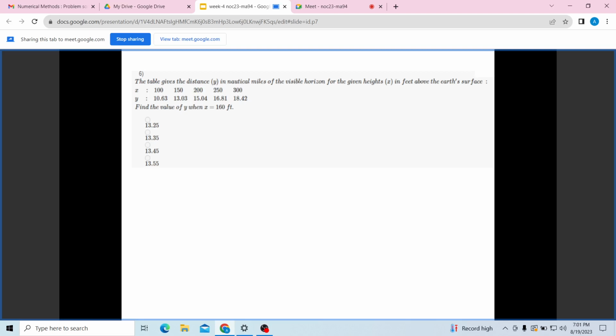So here you can use any of the methods and find the value at x equals 160.